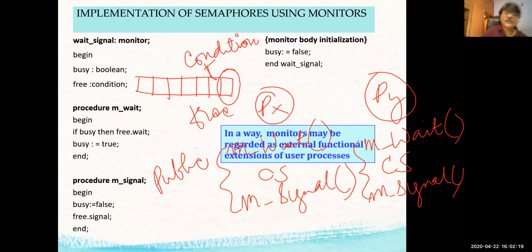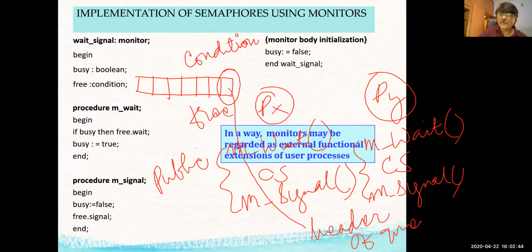So please remember one thing, the common thing between semaphores and monitor is that both support wait and signal operation, or rather you can say that monitors have borrowed the concept of wait and signal from semaphores.